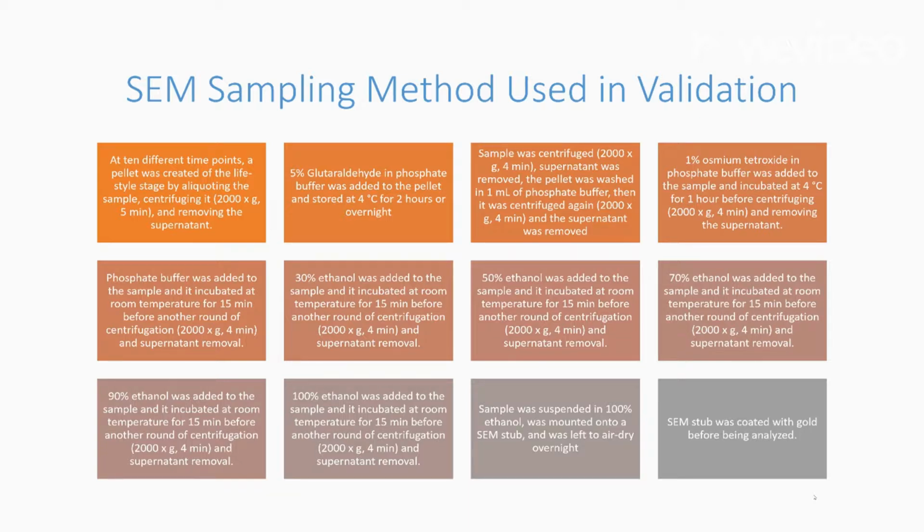And then the ethanol was allowed to air evaporate off of the sample. Then the sample was mounted in ethanol onto a stub and allowed to evaporate. Once the sample was completely dry, it was coated with gold and analyzed on the SEM.